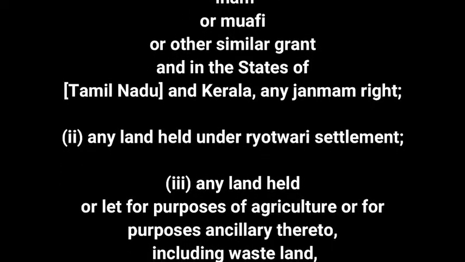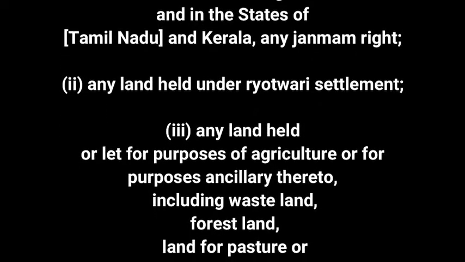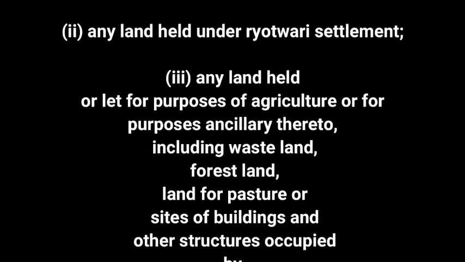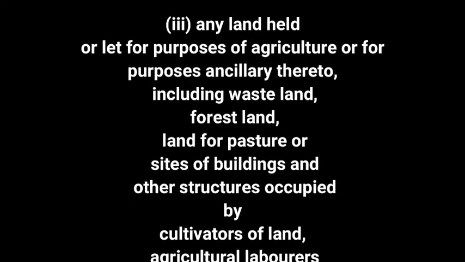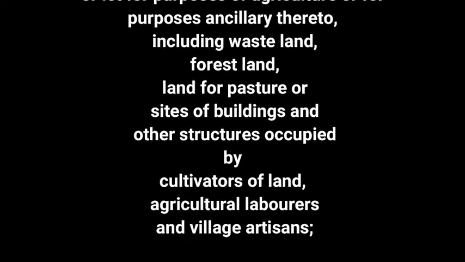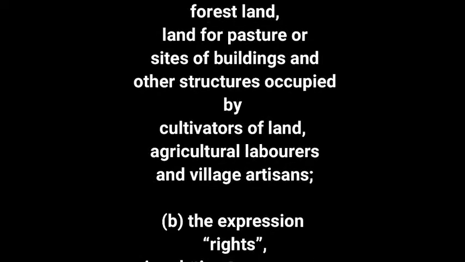Any land held or let for purposes of agriculture, or for purposes ancillary thereto, including waste land, forest land, land for pasture, or sites of buildings and other structures occupied by cultivators of land, agricultural laborers, and village artisans.